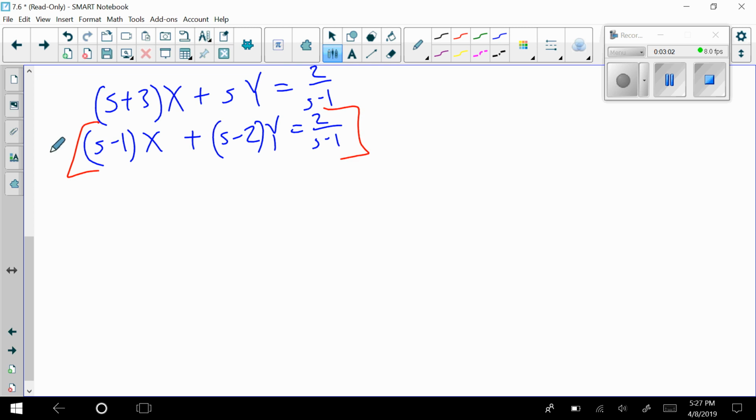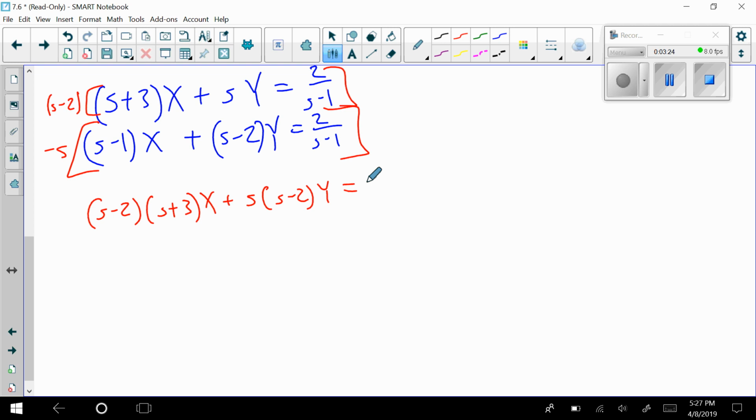They are both positive though, so I'm going to need a negative s down here, and this top one is going to need this s minus 2, which when I multiply it through, that'd be s minus 2 times s plus 3 big X plus s times s minus 2 big Y equals, on the top here, 2 times this s minus 2, which is 2s minus 4 all over s minus 1.